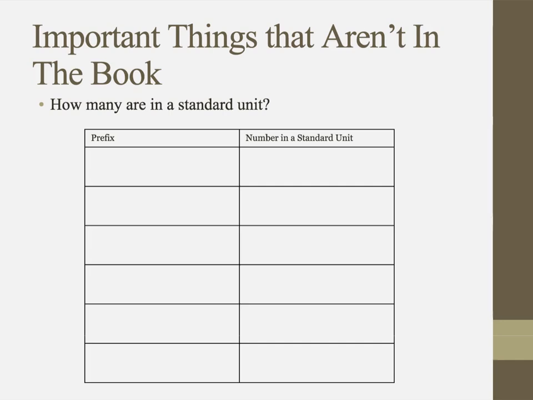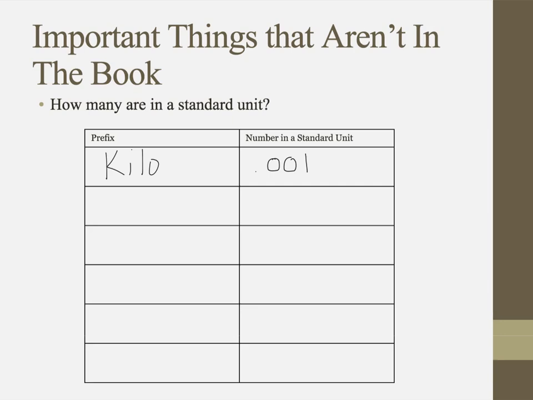Okay, so the first prefix we need to know is kilo. And there is 0.001 of these in a standard unit. So what does that mean?